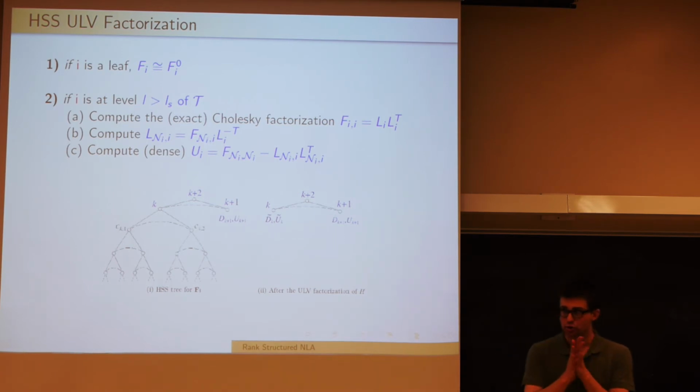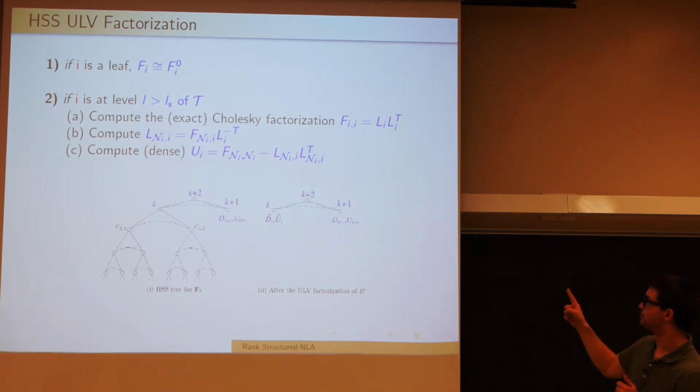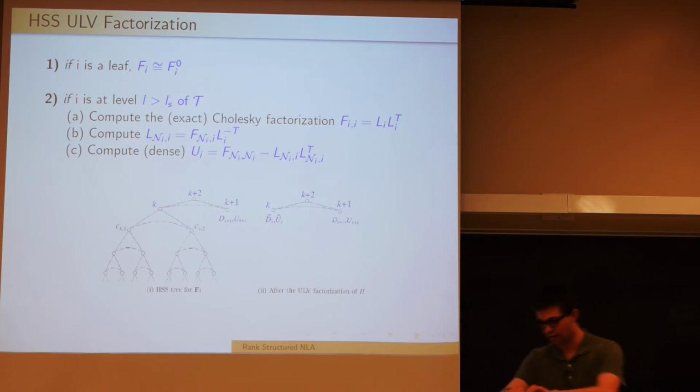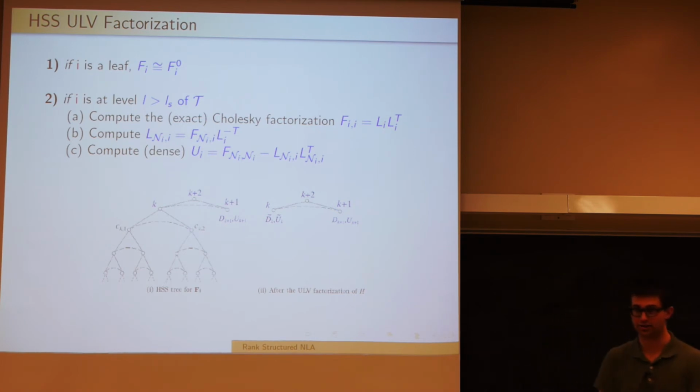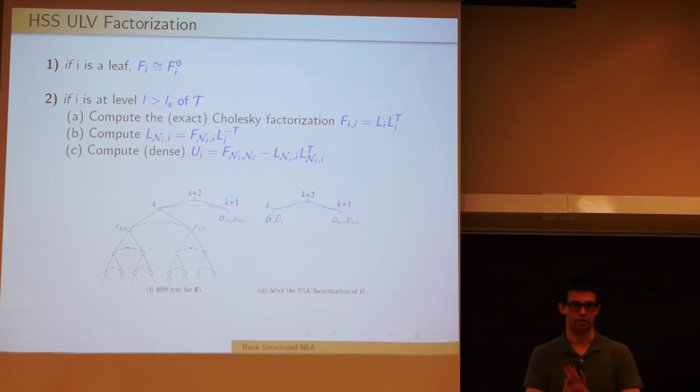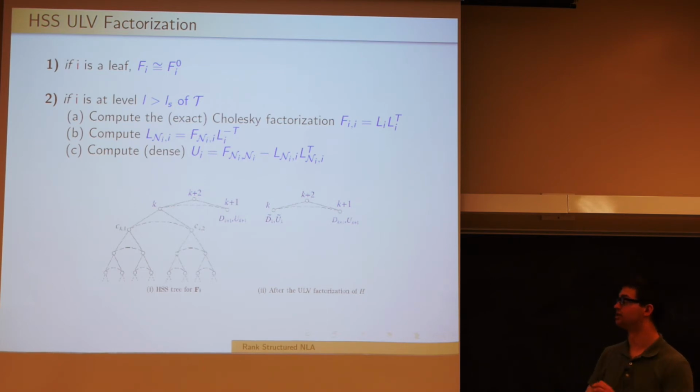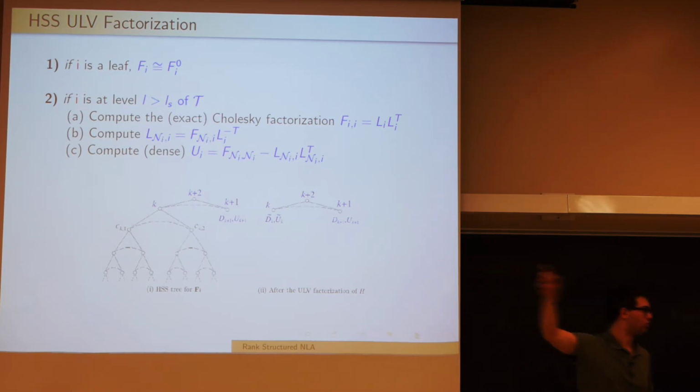OK, so we go to each of our leaves. When I say leaf, at the very bottom level of the tree, we compute a dense Cholesky factorization. So that's a cubic operation, but it's stable. We know we do it accurately, and because it's at the very bottom matrices, it's not an overall expense. And we initialize for each leaf what we call this F matrix, F_i.